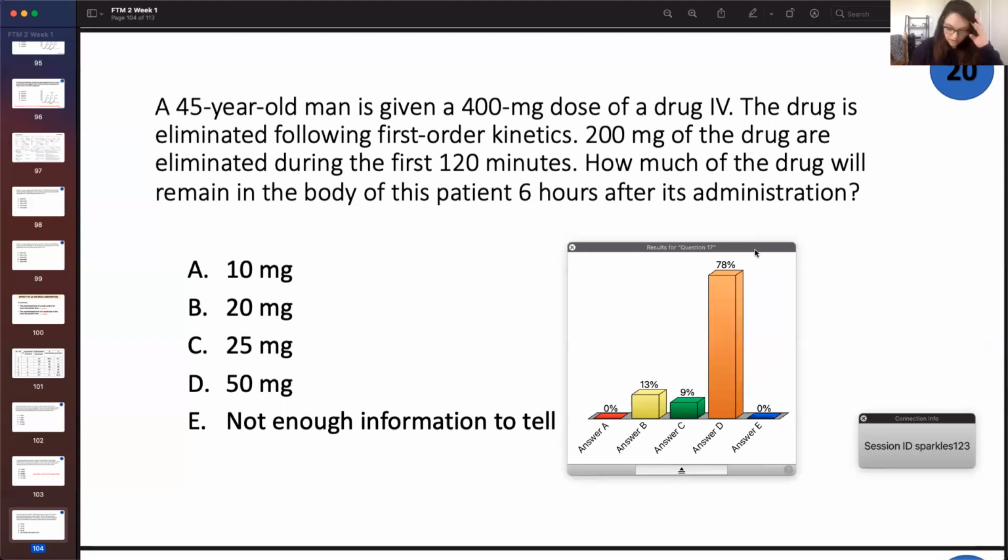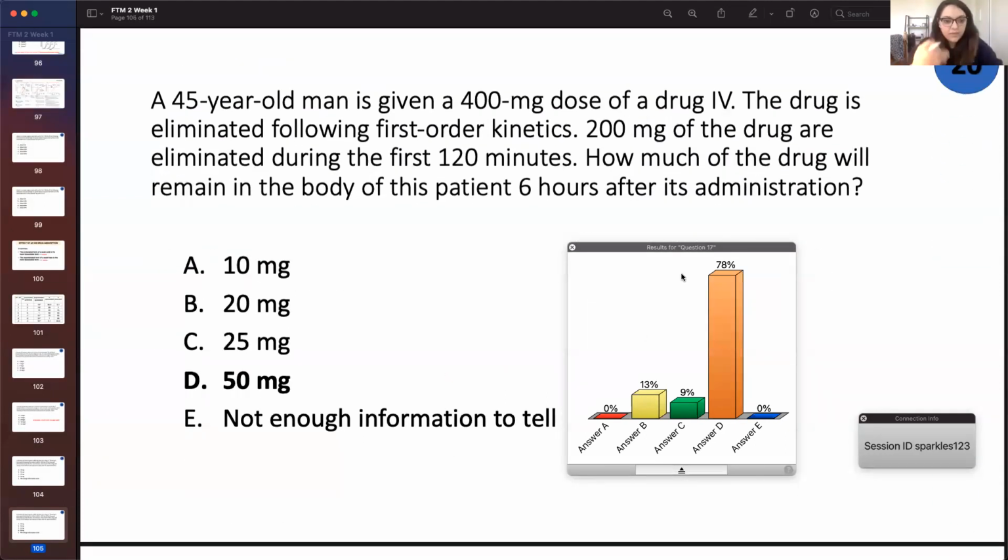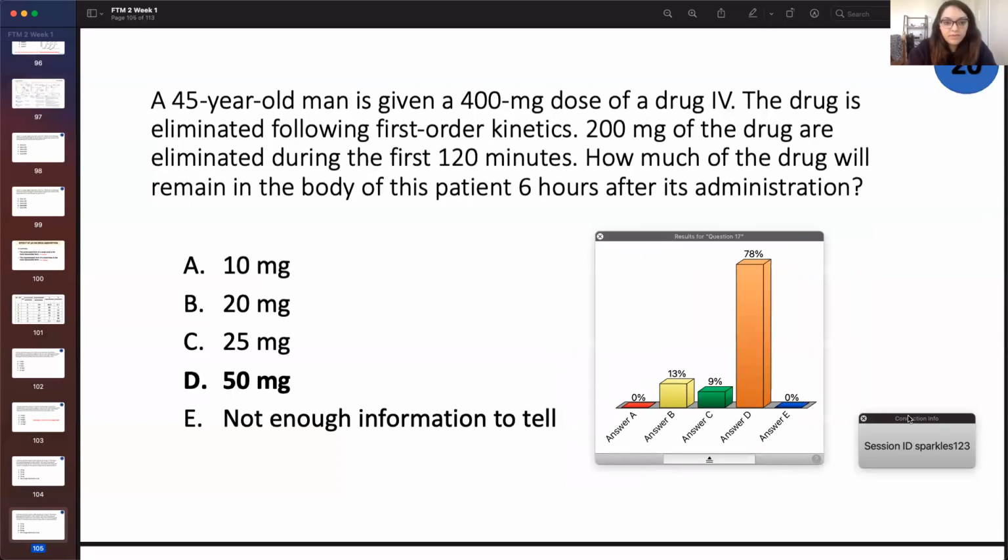Okay, so most of you guys got this one. You're pretty much just, again, trying to figure out how much of the drug is going to remain in the patient's body 6 hours after administration. So by first order kinetics, you're starting out with 400 milligrams, 200 of those, so 1 half-life, is going to be eliminated in the first 120 minutes.